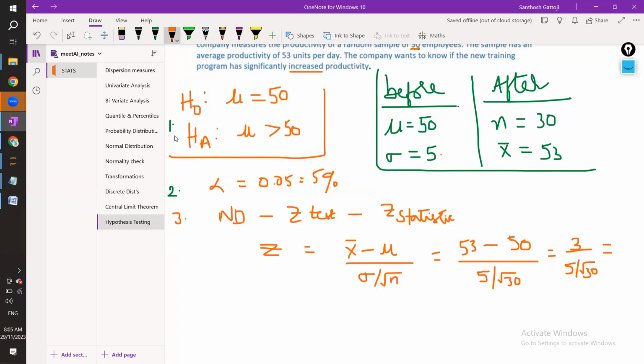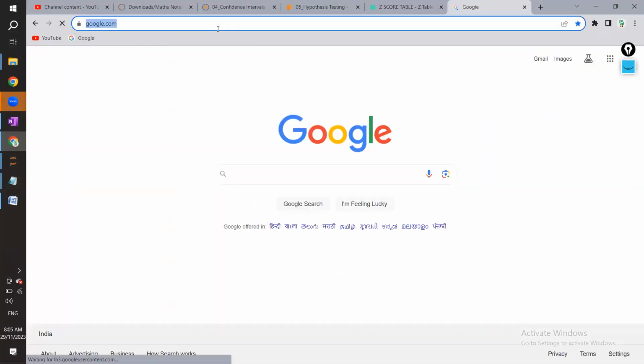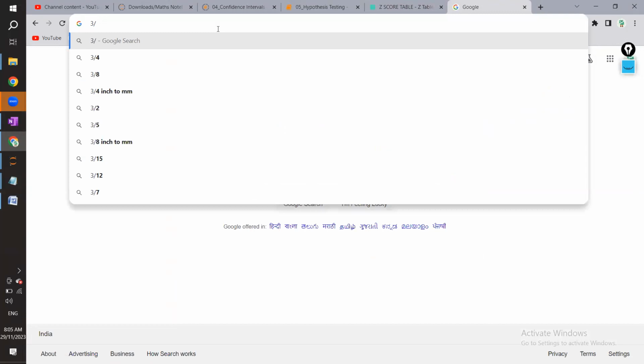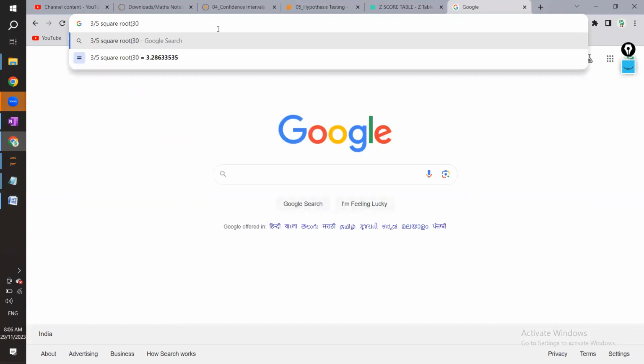Can someone calculate? Yeah. So 3 by 5 into square root of 30 is 3.28.